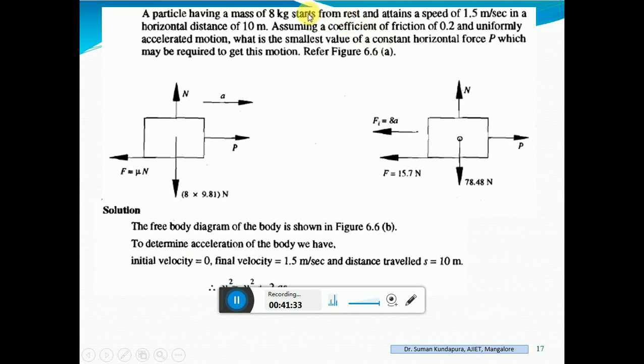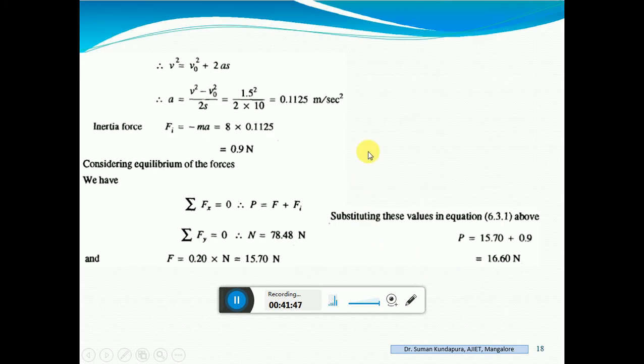So initial velocity is 0, final velocity is 1.5. So v squared is equal to u squared plus 2as, s is 10 meter. Substitute in this and find out what is the acceleration. Once you find out the acceleration, you can find the inertia force. Fi is equal to minus ma, which is 8 into 0.1125. Substitute, find out Fi, 0.9 Newton.